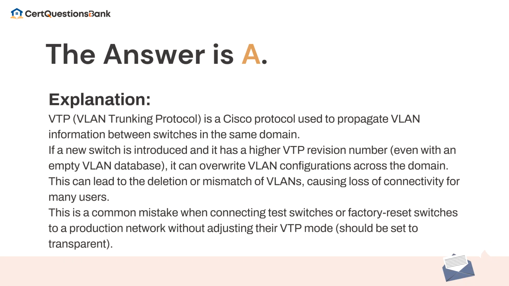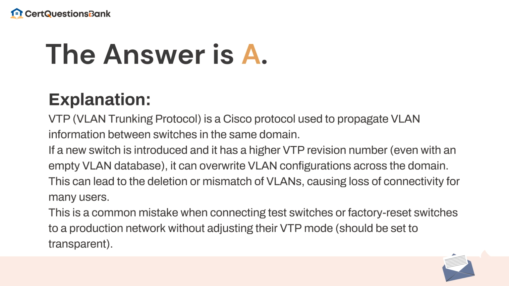The answer is A. VTP, VLAN Trunking Protocol, is a Cisco protocol used to propagate VLAN information between switches in the same domain. If a new switch is introduced and it has a higher VTP revision number, even with an empty VLAN database, it can overwrite VLAN configurations across the domain.